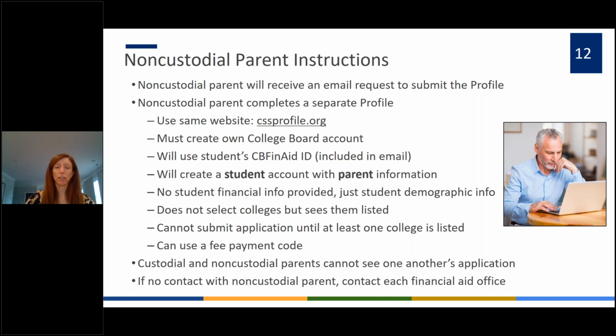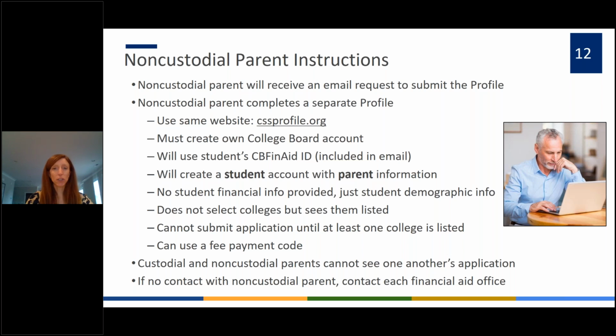If I am a student and my parents are divorced or separated, and there is a college or university requiring me to submit a profile for my non-custodial parent, and I'm not really in touch with that parent, I don't have contact information for that parent, I can't get in touch with that parent, I need to send an explanation to all of the schools that are requiring that non-custodial parent information.